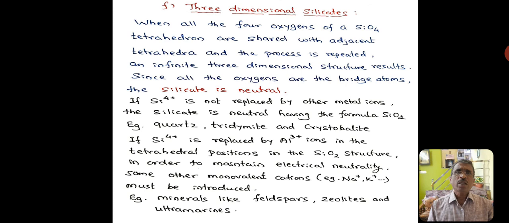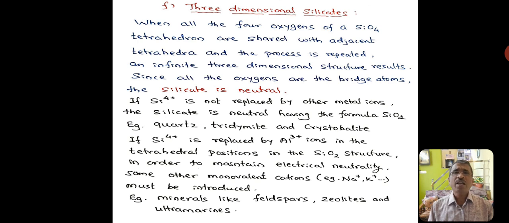Now coming to the last type, that is 3-dimensional silicates. In this, when all the 4 oxygen atoms of the silicate tetrahedron are shared with adjacent tetrahedra and the process is repeated, an infinite 3-dimensional structure results. Since all the oxygens are the bridge atoms, the silicate is neutral because that silicate ion is not having any charge.